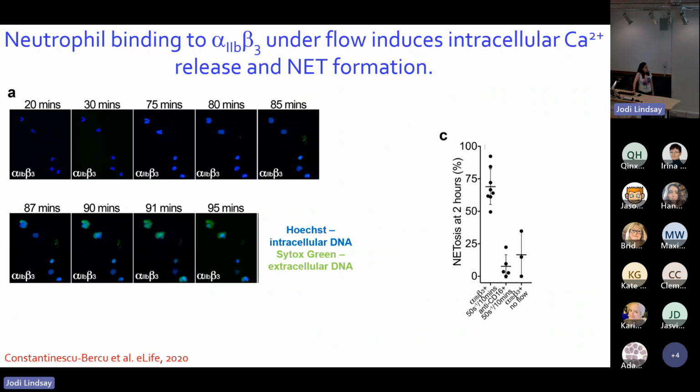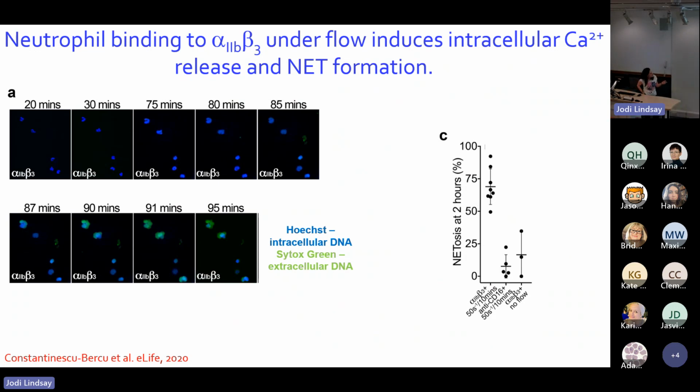So we hypothesized that perhaps neutrophils were able to release neutrophil extracellular traps. The next experiment that Adela did was to follow these neutrophils over 2 hours after binding to activated alpha-2B beta-3.